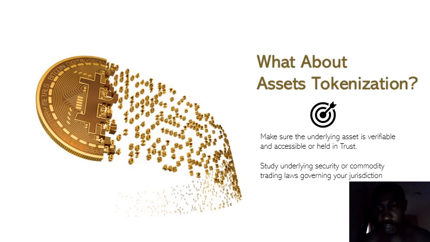Also make sure the underlying asset is verifiable and accessible, or held in trust. If you are creating a tokenized system, make sure that such an asset is accessible, verifiable, and held in trust, because you cannot be selling a tokenized asset that is not verifiable or not in existence. You are just selling air.